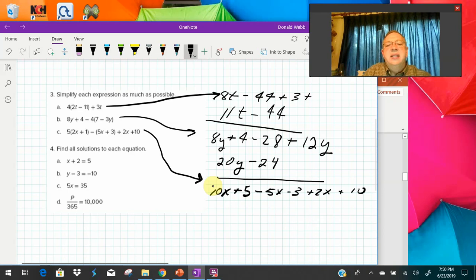All my x's, 10x, this one, and this one. 10x minus 5x is plus 5x plus 2x is 7x, and then I can do this, this, and this. And those signs are associated with these numbers. So I've got plus 5 minus 3, that's plus 2, plus 10 is plus 12.